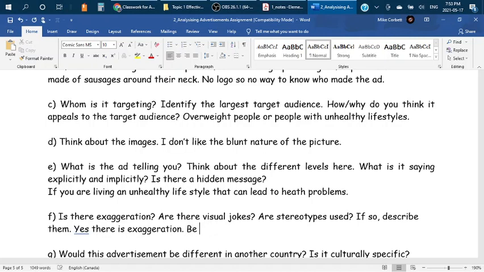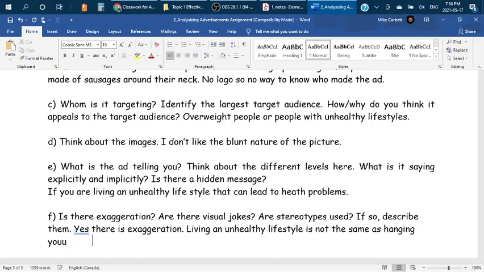Living an unhealthy lifestyle is not the same as hanging yourself.